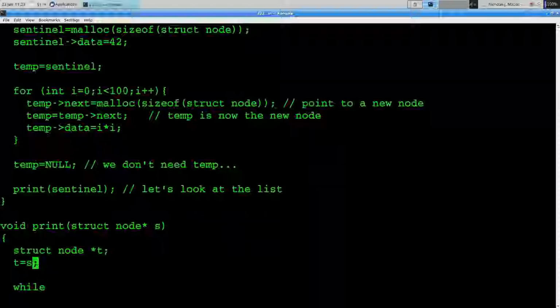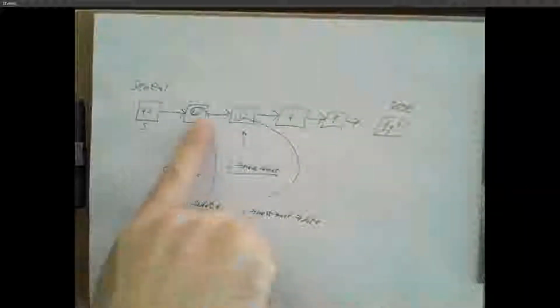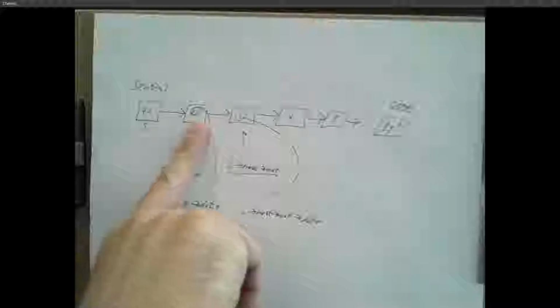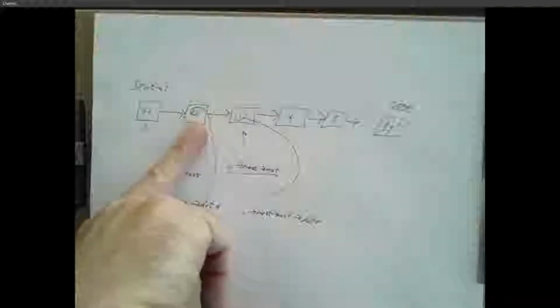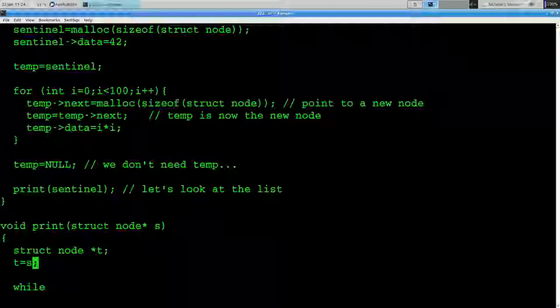So I'm going to use t. This is how I'm thinking of this. I'm going to use t to represent the current data node that I want to print. Okay, this is my approach to this. So I really want t to start off with the thing the sentinel points to.